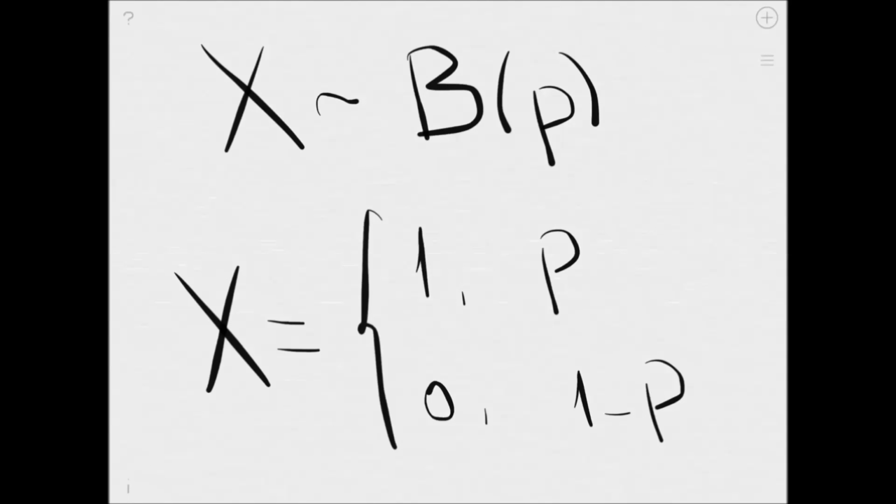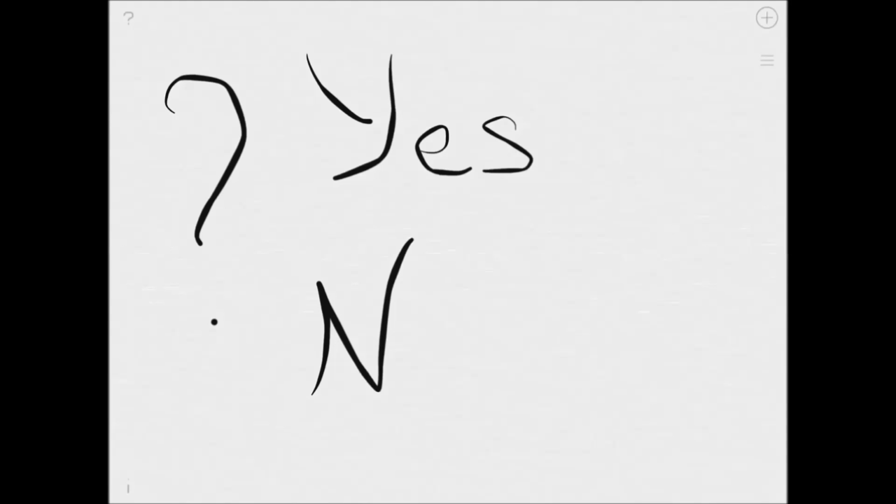P can take any value from 0 to 1. Usually this distribution appears in real-world situations when something can happen or not. In this case, 1 is associated with success result and 0 is associated with failure result.